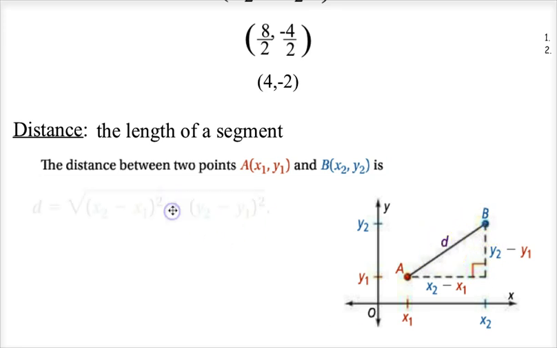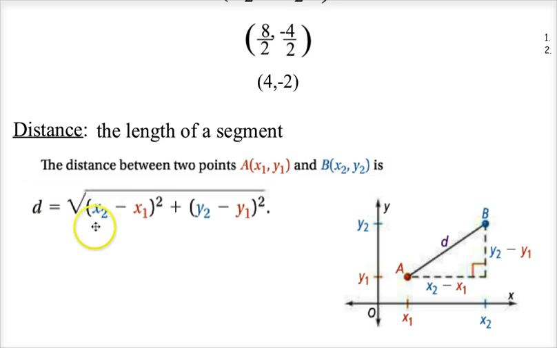And as you're going to see in a second, the distance formula, which is right here, so D equals the square root of x2 minus x1 squared, that's in parentheses, plus y2 minus y1 squared. This is derived from the Pythagorean theorem. Okay, so it should look a little bit familiar to you.